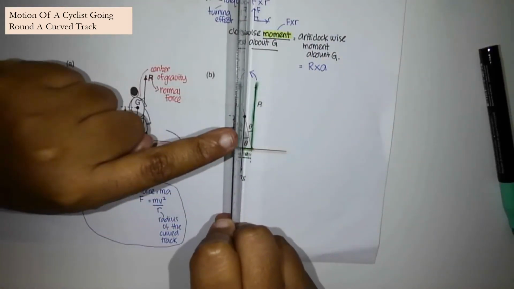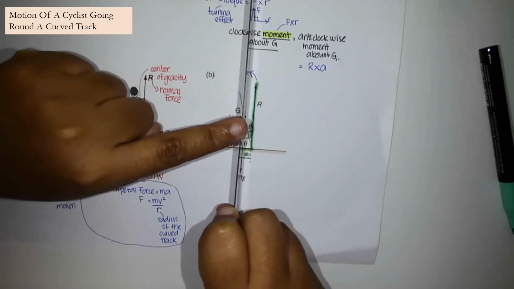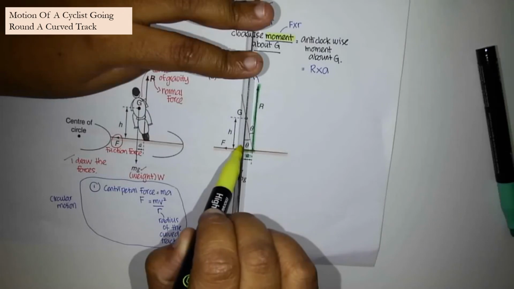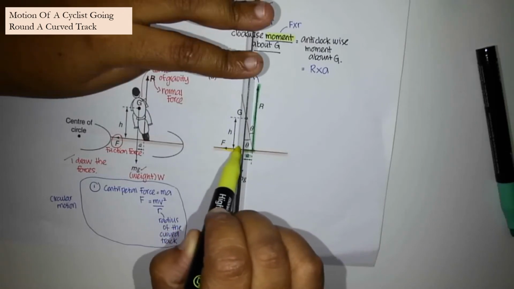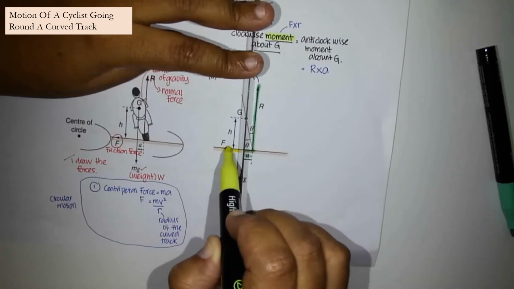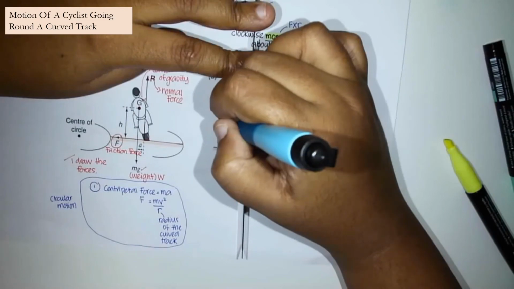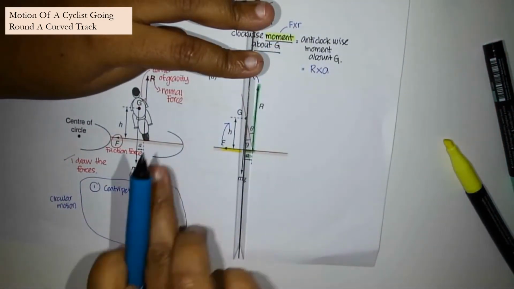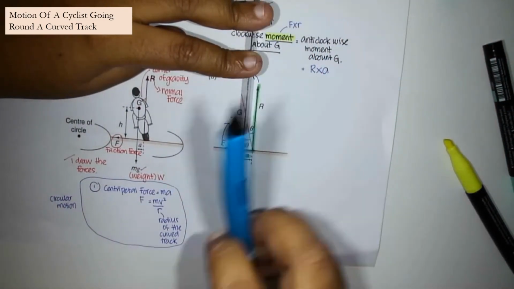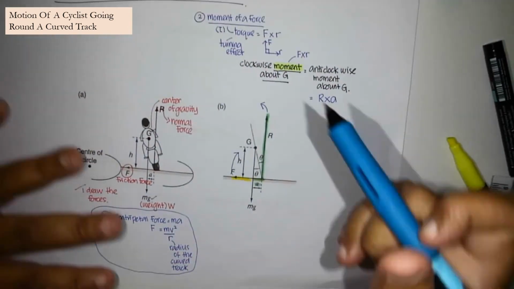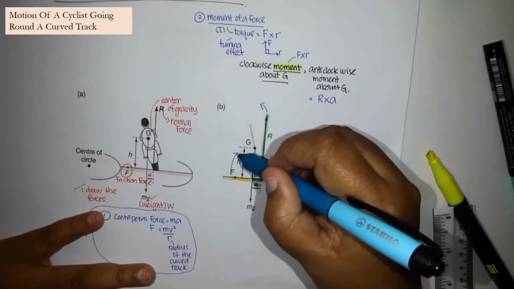Here I take again the moment about G, and then I take the next force, which is F. Towards the moment about G, you will notice that it's in this direction, so it is clockwise.